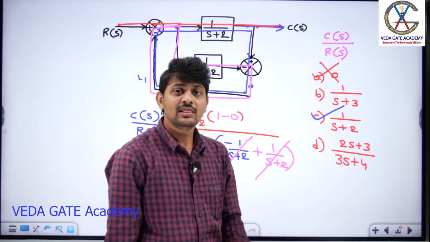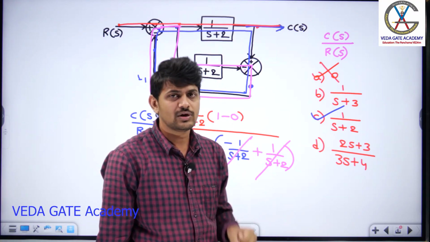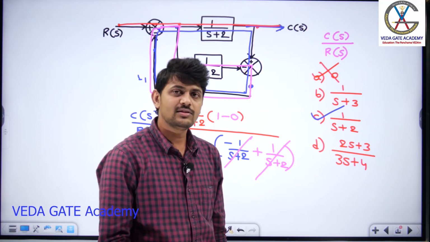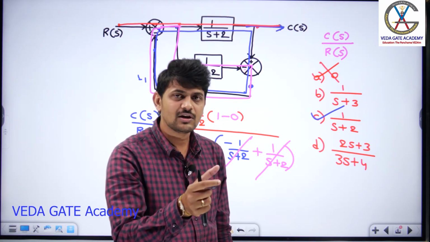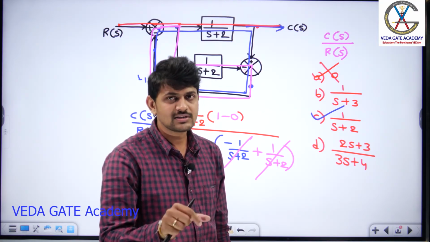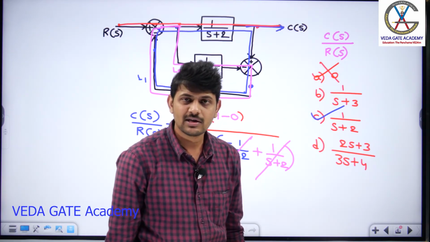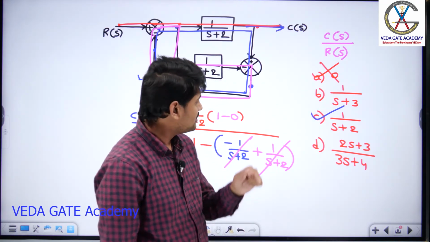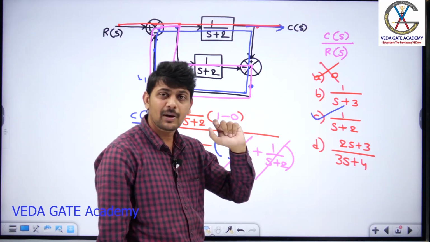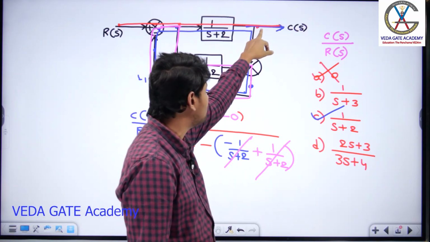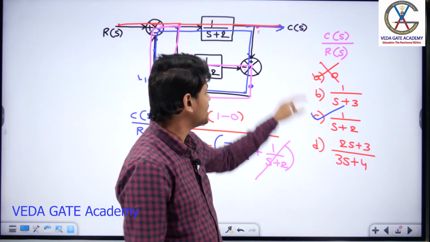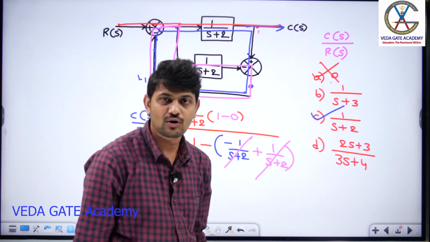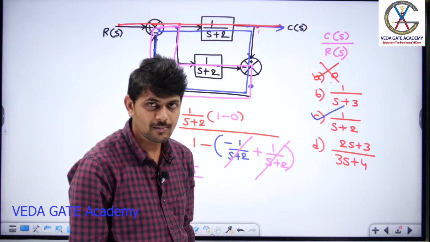They will think where generally the students are going to make a mistake, and they will solve the entire question with that particular procedure, and they will get some answer which they are going to keep as an option. Okay. So here the first mistake they will make is, if they are applying block diagram reduction technique, they may keep the 0 at this position. If they keep the 0 at this position, this is the answer you are going to get, which is actually wrong. Am I correct?